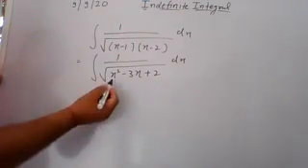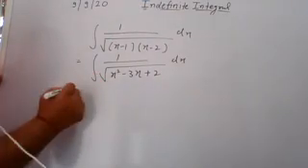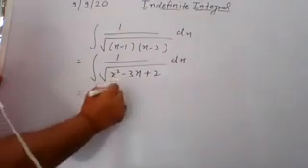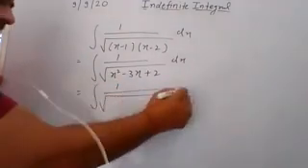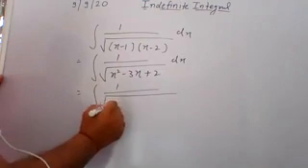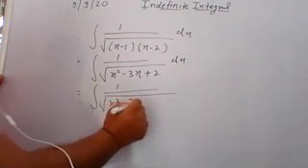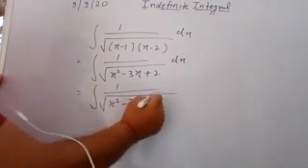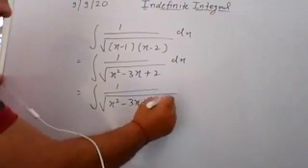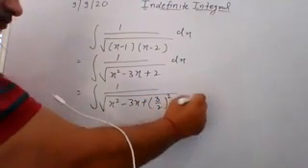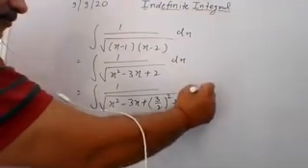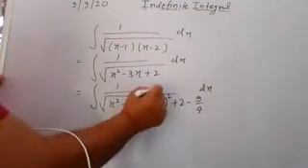Here your coefficient of x square is already 1. So you go to the next step. That means reduce it to a perfect square. So x square minus 3x, half the coefficient of x means 3 by 2 whole square plus 2 minus 9 by 4 dx. You write it in this way.